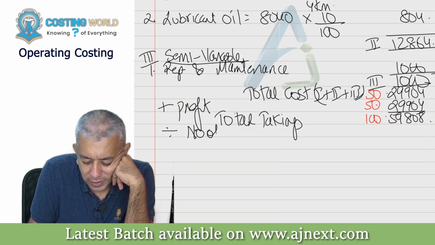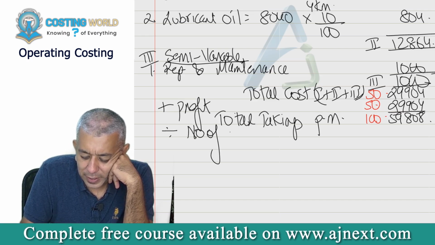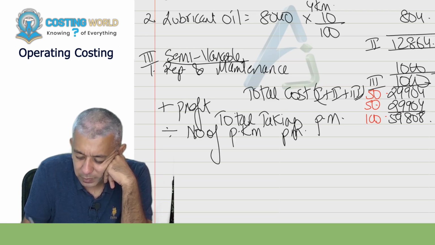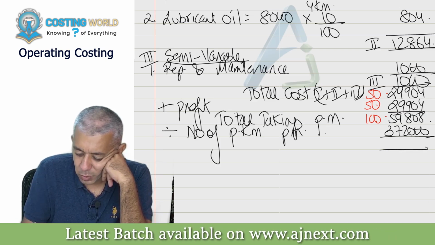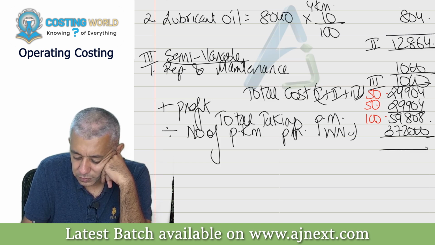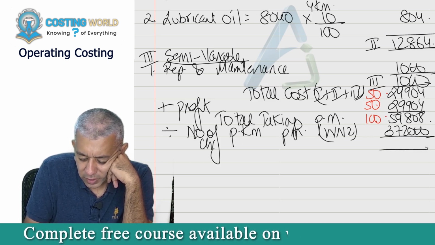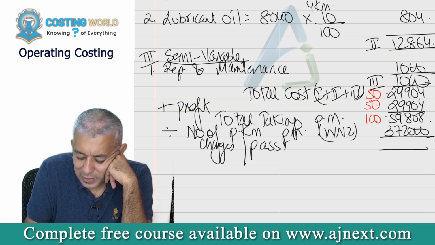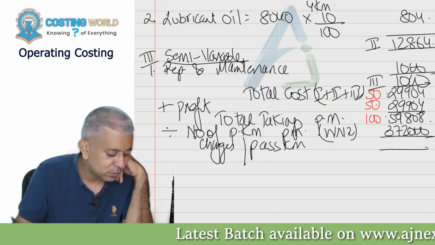So write down total takings per month divided by number of passenger kilometers per month, 3,72,000, from yesterday's working note 2. Write down charges per passenger kilometer, so divided by 3,72,000.